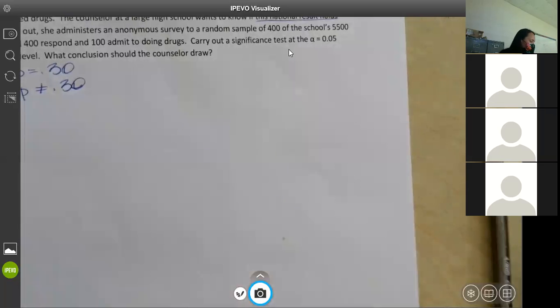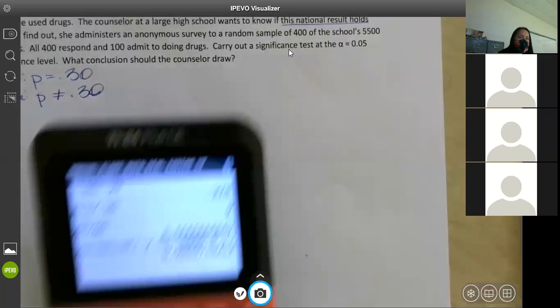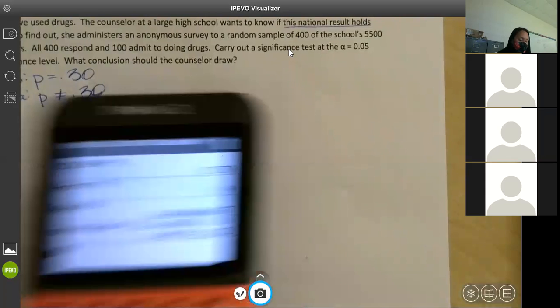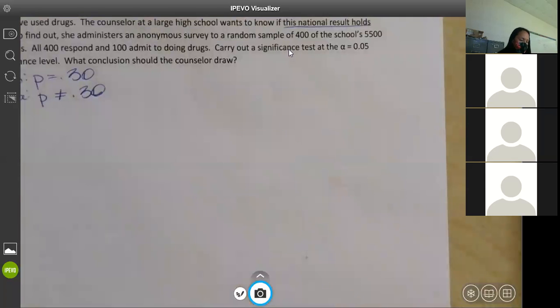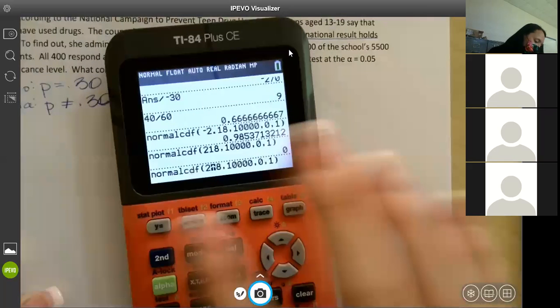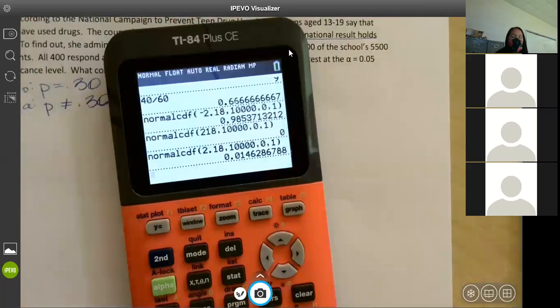You put negative 2.18 and then positive 10,000, and it gave you almost 100% chance because of that. Let me show you. Oh, sorry, it should be 2.18. You see what it gives you?